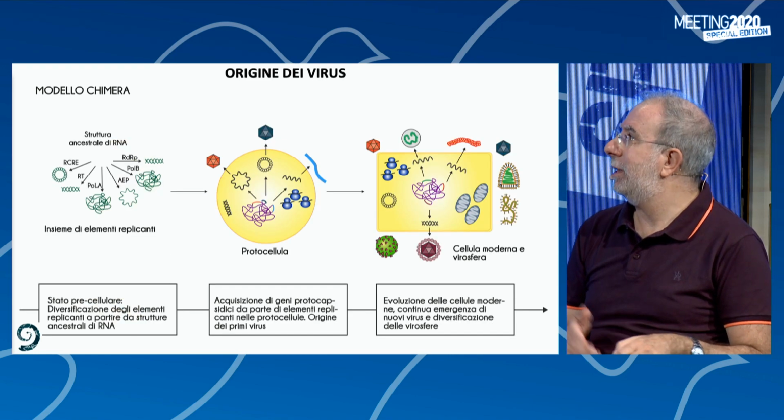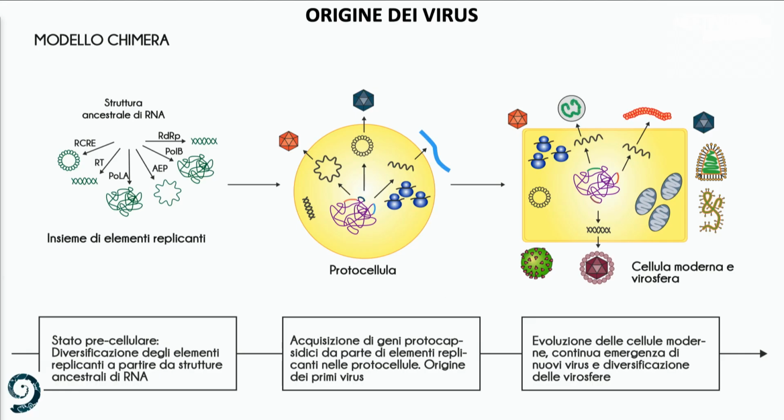Then we have a final model, that is to say the Chimera model, where we have a mix of the other models I already talked about. So we have a pre-cell phase with a diversification of elements starting from RNA. So we will have a protocell with very primitive virus forms, and then we have an evolution of the cell and a co-evolution of the virus.